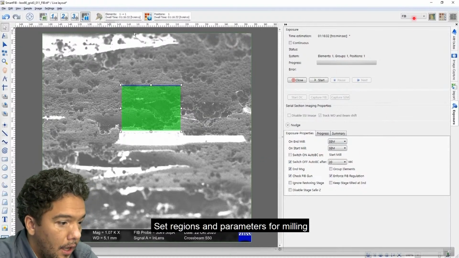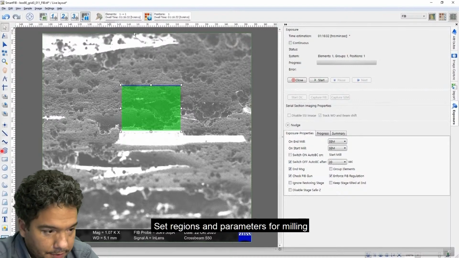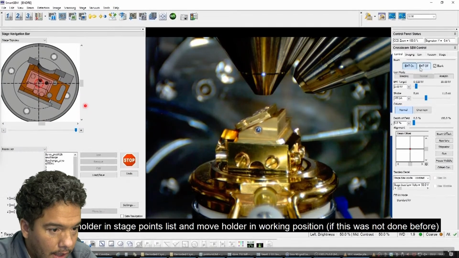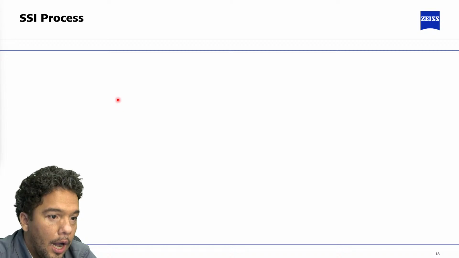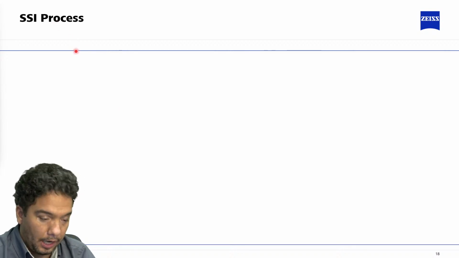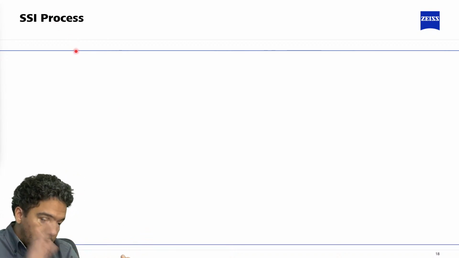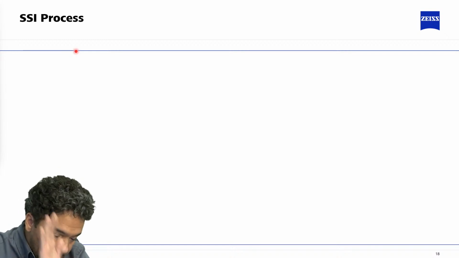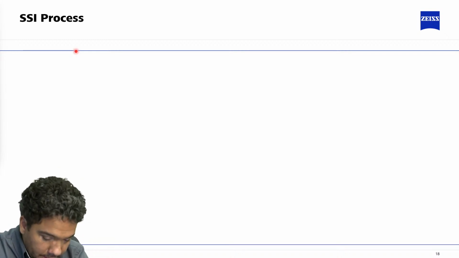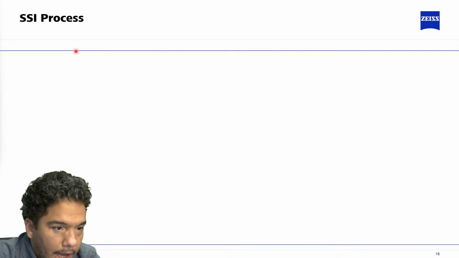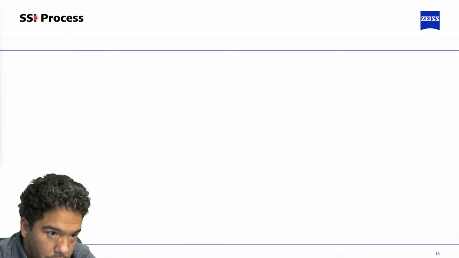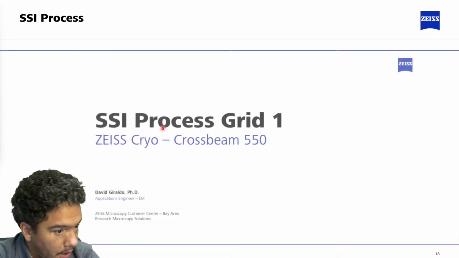Okay, now let's move on, and let me show how the serial section process starts. Remember, the very first process is the milling of the surface of our sample, and this also allows us to create the serial section imaging process.